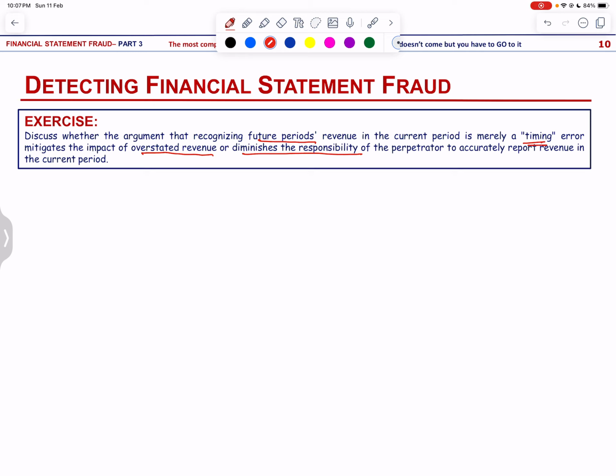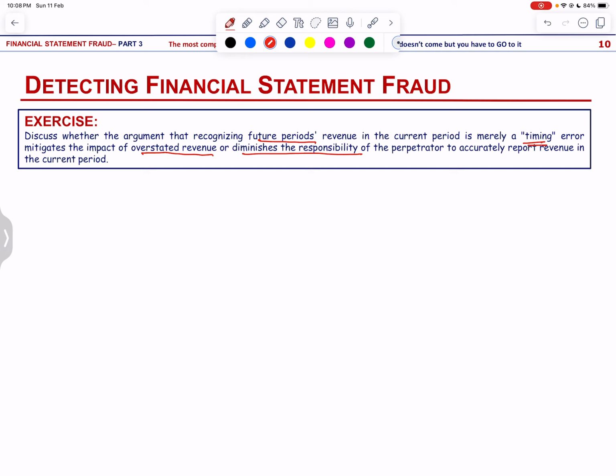Even if the fraudulent practice continues into the next reporting period, it merely shifts one period's revenue and earnings forward, while the current period sees an artificial inflation of its financial metrics.